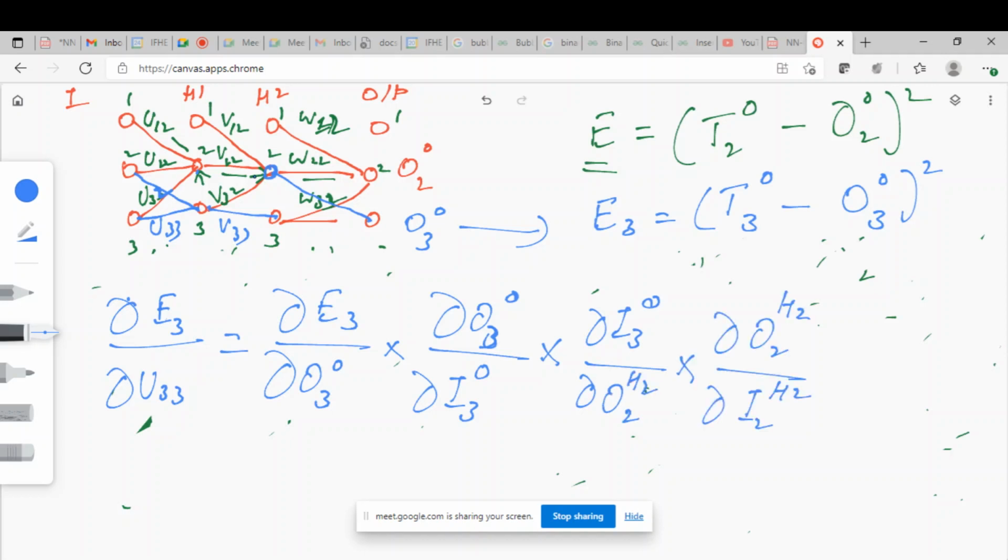And this input depends on what? Which neuron? How will you represent? O3H1. Good. And O3H1 depends on what?